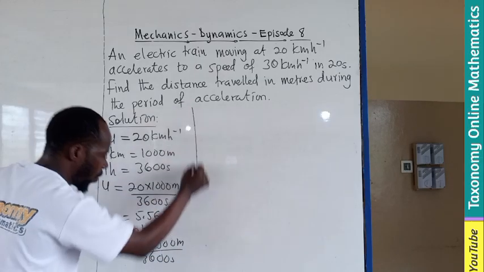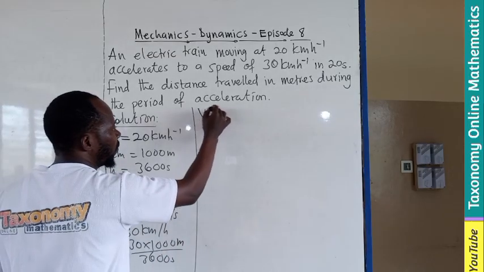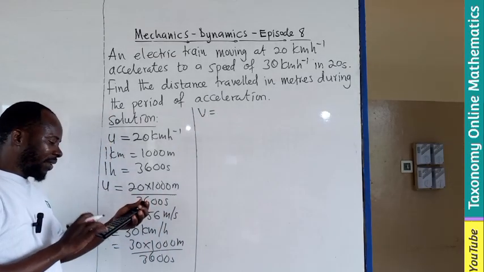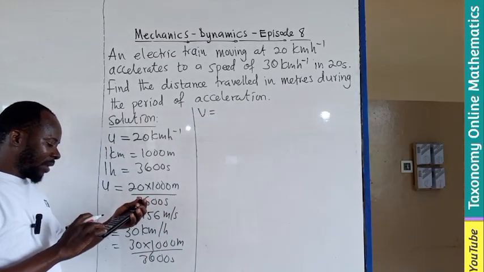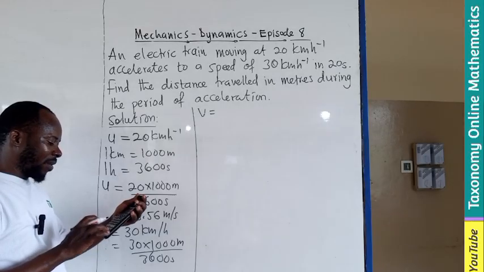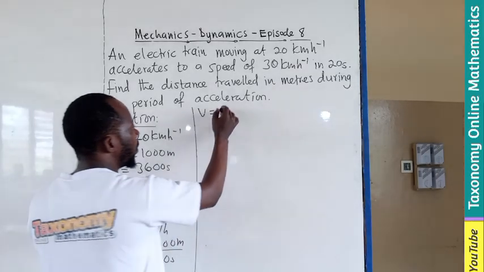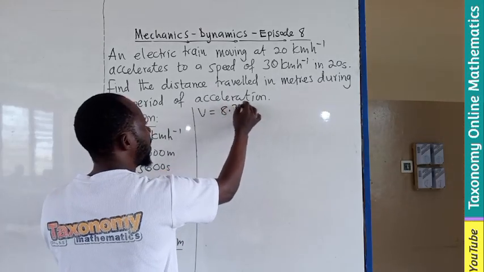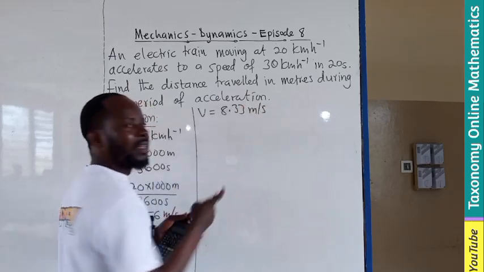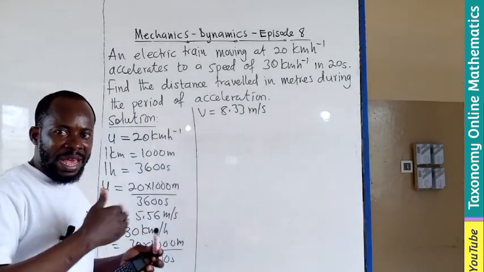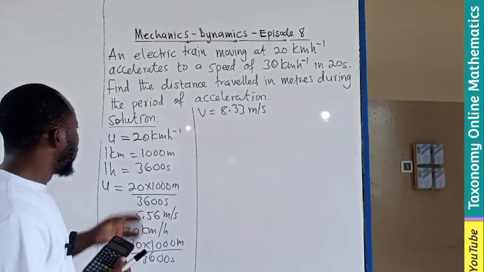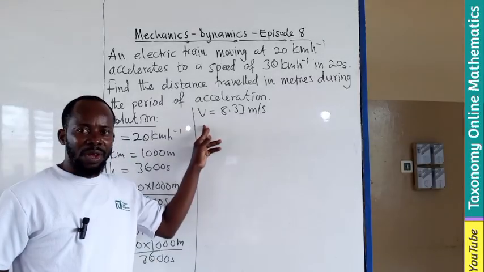So let's see what that is going to be in terms of final velocity. 30,000 divided by 3,600 will give you 8.33 meters per second.